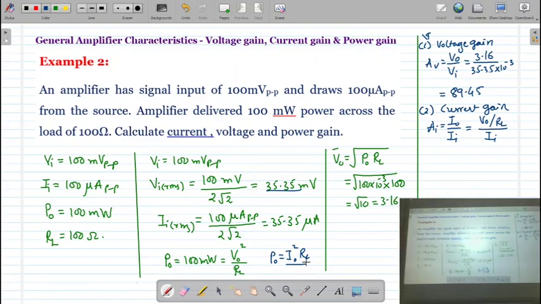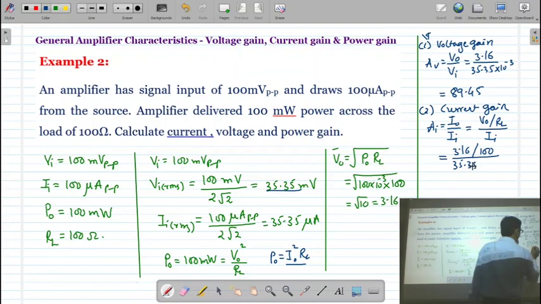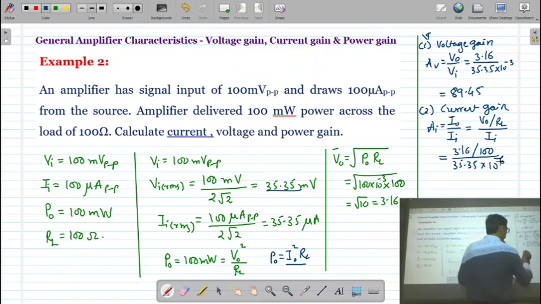So here the output voltage is 3.16, the load resistance is 100, divided by the input current, which we calculated as 35.35 microampere, so 10 to the minus 6. And then you will find that it is 894.48.